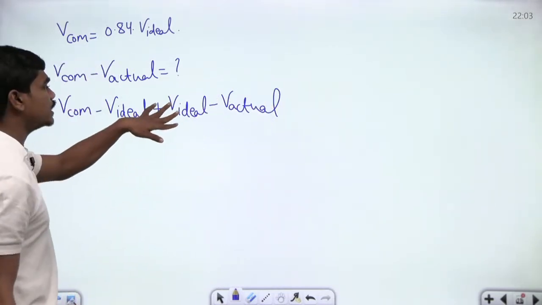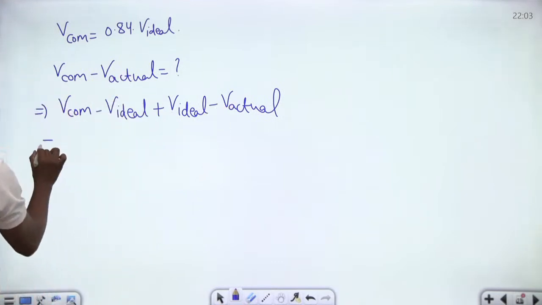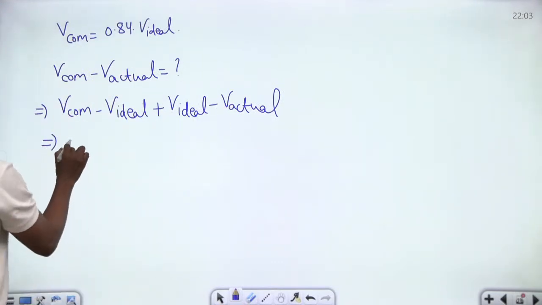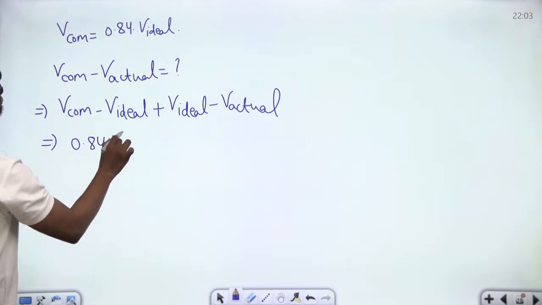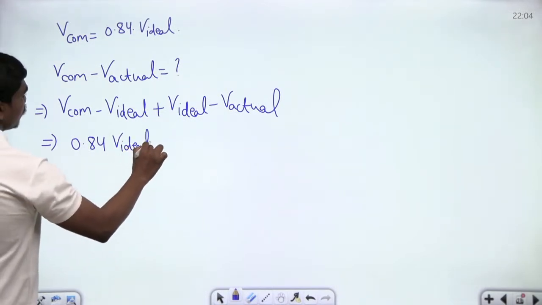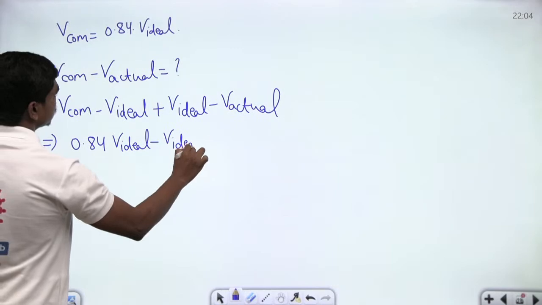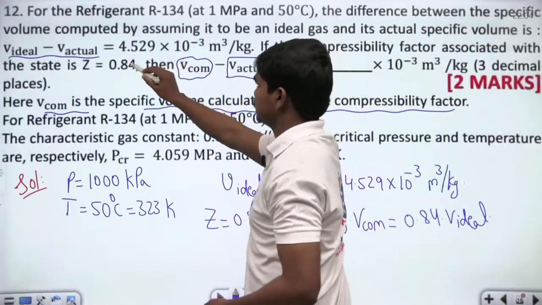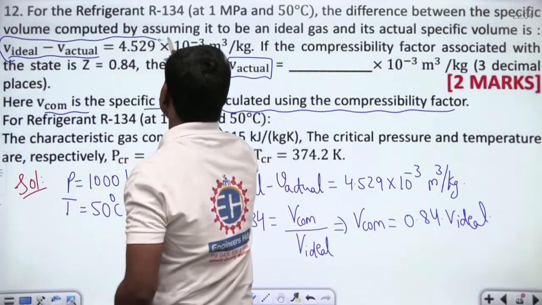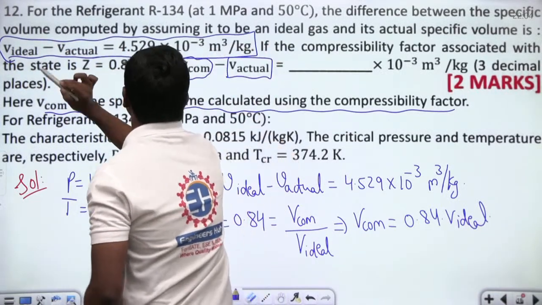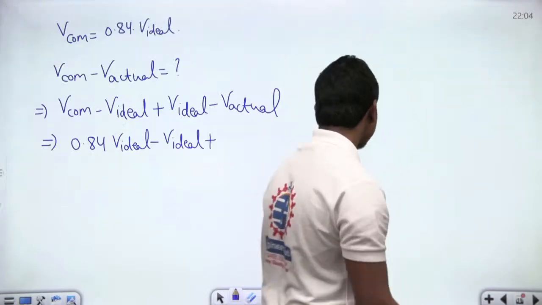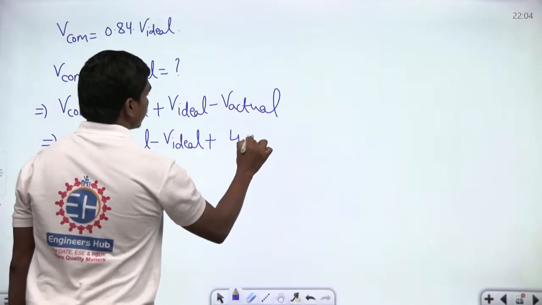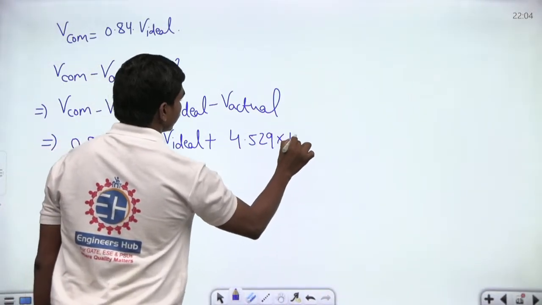Again this ratio is the same, and V with the compressibility factor is nothing but 0.84 times V ideal, minus V ideal, plus V ideal minus V actual, which is already given as 4.529 into 10 power minus 3. This is the value that is with us.